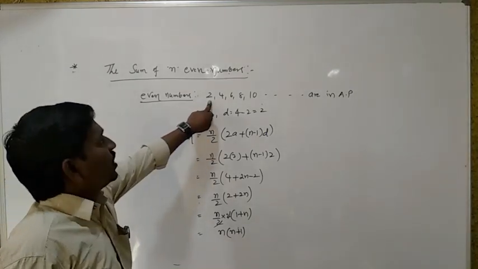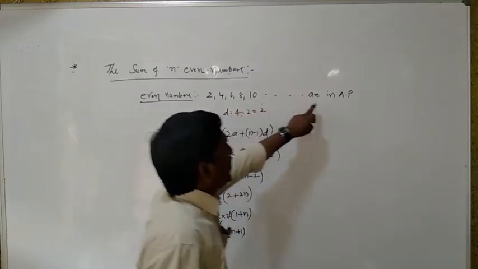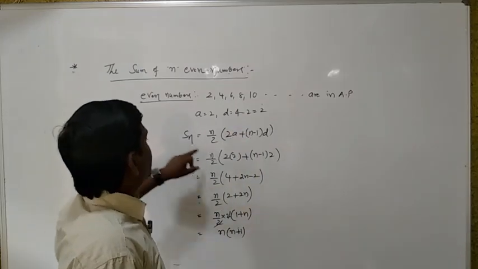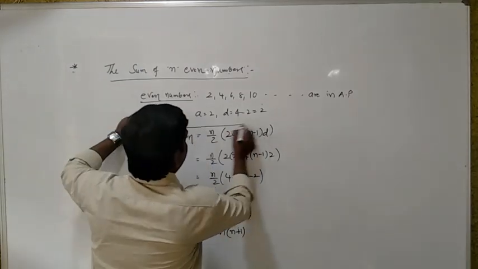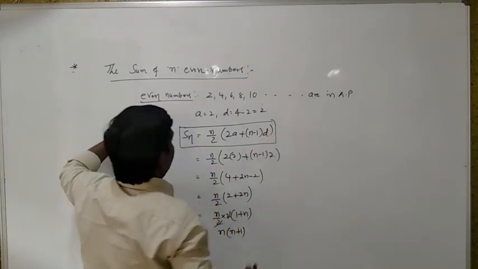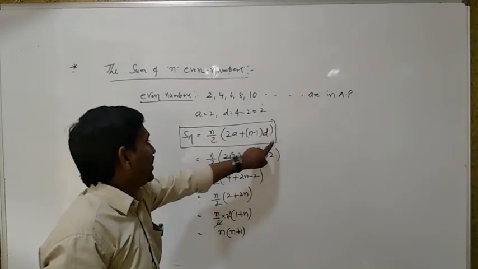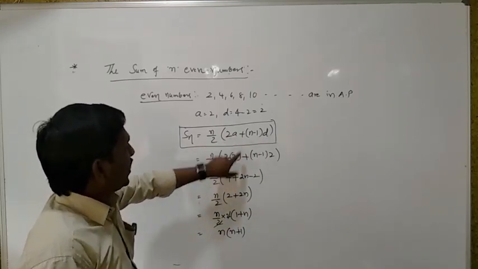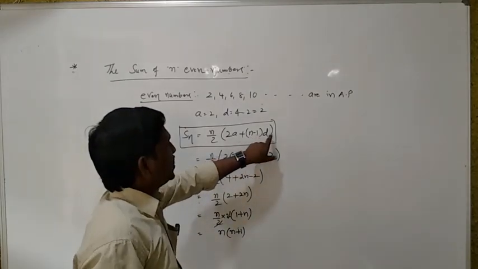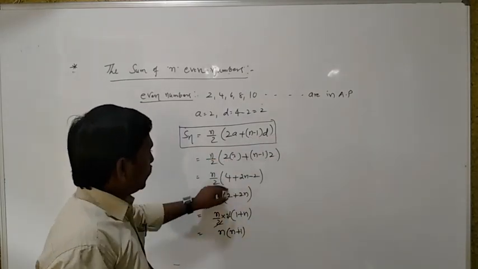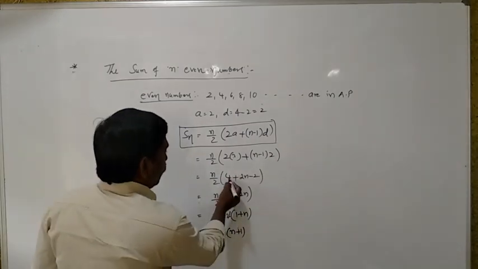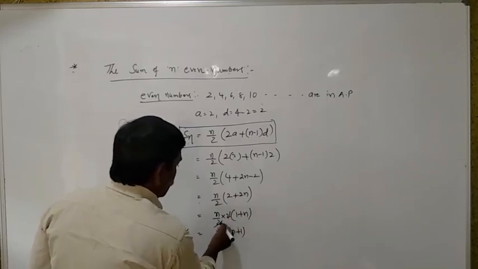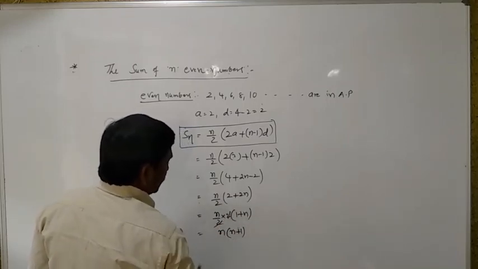The even numbers 2, 4, 6, 8, 10 are in AP. Here a equal to 2 and d equal to 4 minus 2 equal to 2. So the formula Sn equal to n by 2 into 2a plus n minus 1 into d. Substitute a and d values: n by 2, 2 into a, 2 2s are 4, and n minus 1 into d, d value 2, 2n minus 2, and 4 minus 2, 2 plus 2n. 2 is the common one, 1 plus n, and the 2s cancel, n into n plus 1.